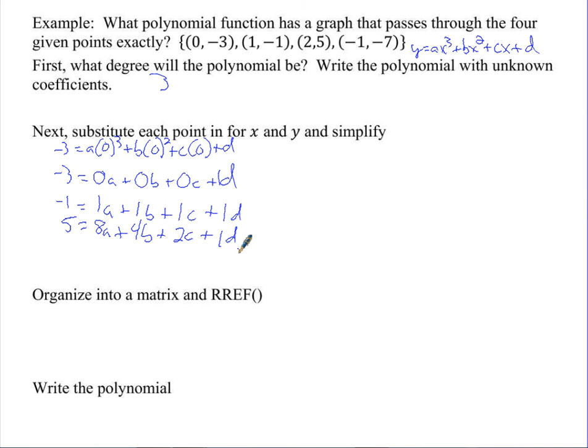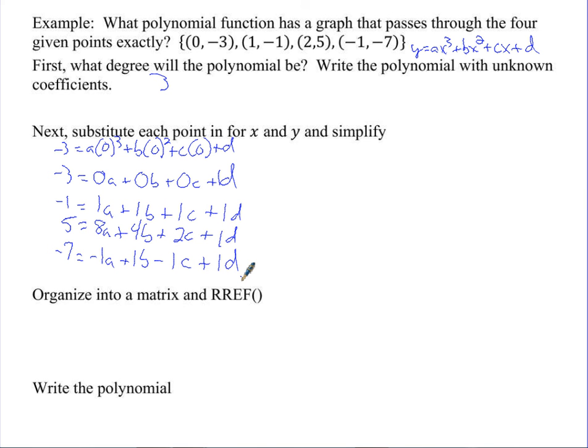And my last point, negative 7 equals negative 1 to the third, which is negative 1a, negative 1 squared, which is 1b, so plus 1b, negative 1 times c, which is negative 1c plus 1d.